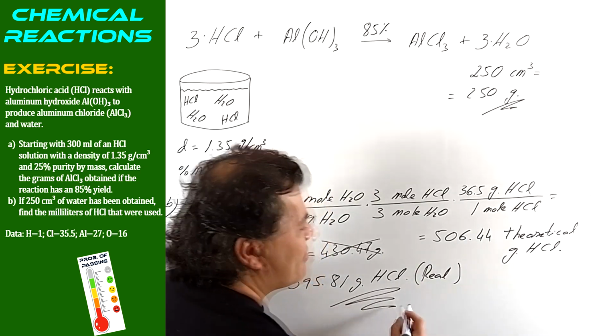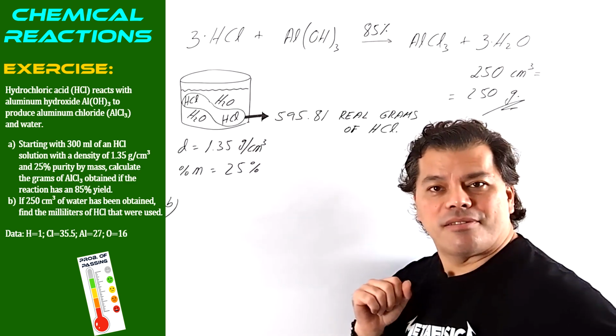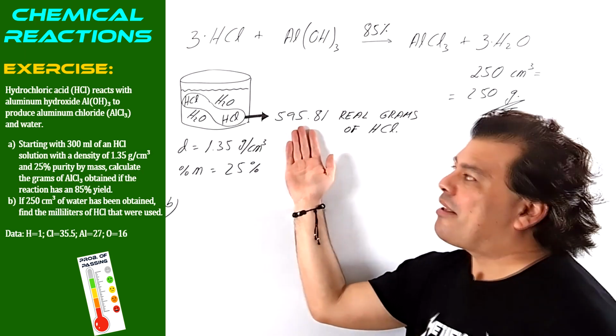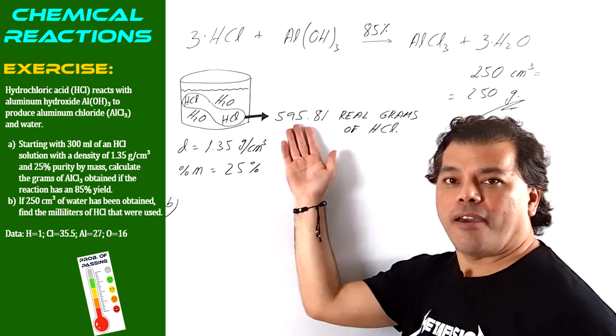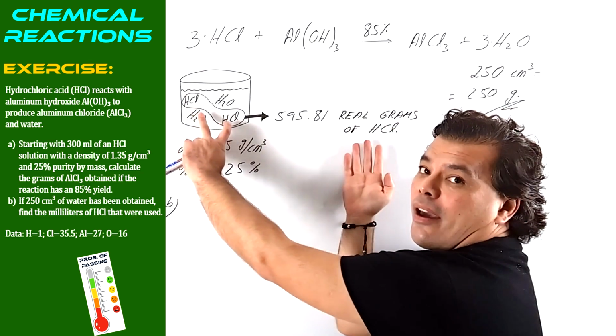Real grams, and that's the way. I've erased the previous calculations, but I've placed here our result. Don't forget that we need 595.81 real grams of only hydrochloric acid.